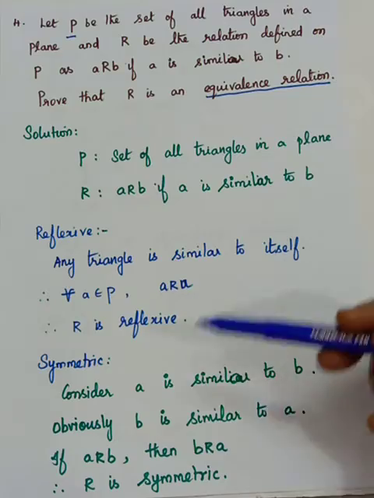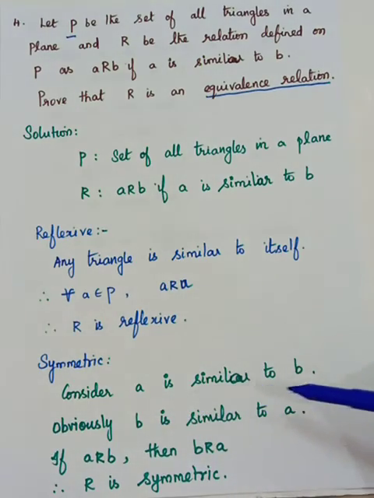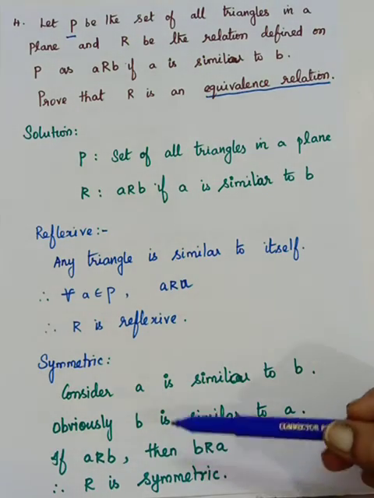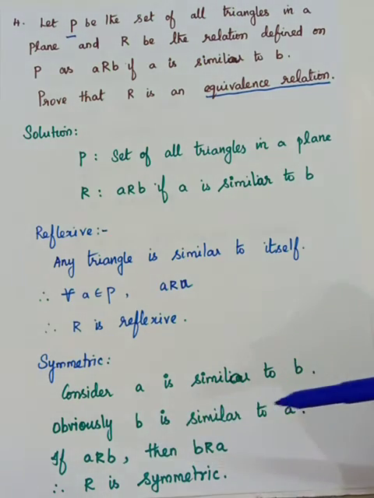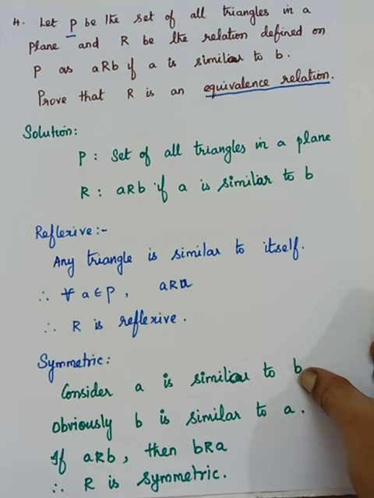So we consider A is similar to B, so obviously B is similar to A. So A is related to B implies B is related to A. So therefore this relation is symmetric.